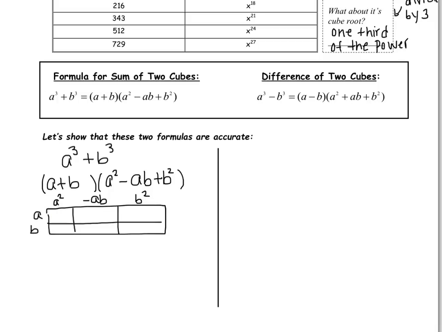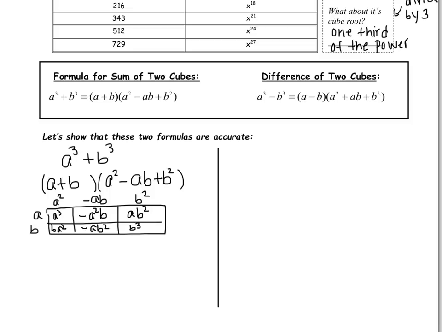So in this box right here, I'm going to go across. This box would be a to the third, minus a squared b, ab squared, ba squared, negative ab squared, and b to the third.